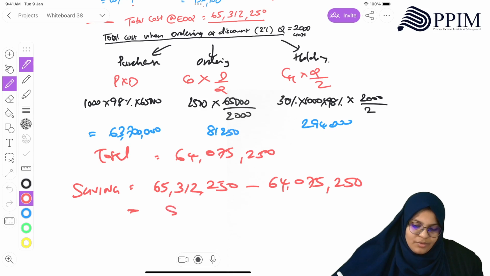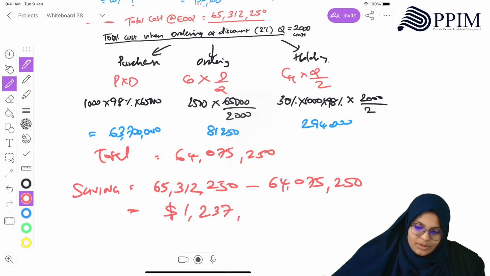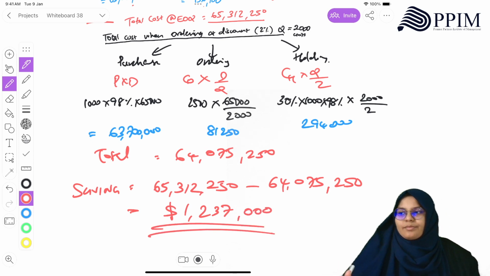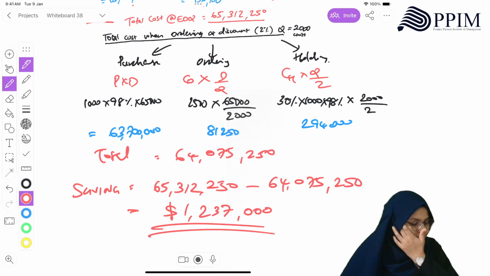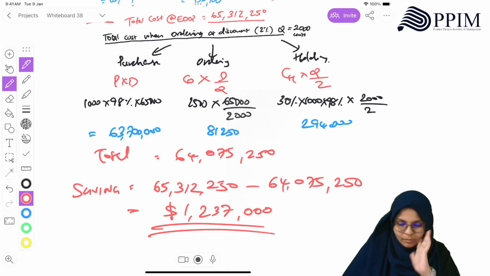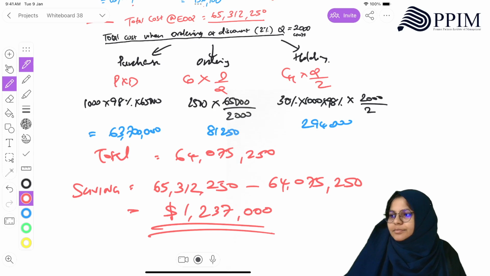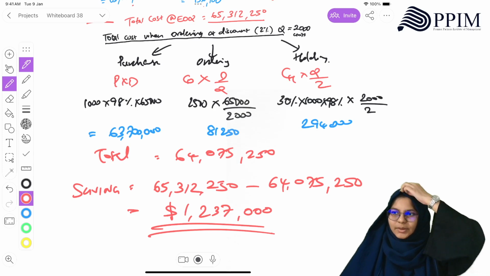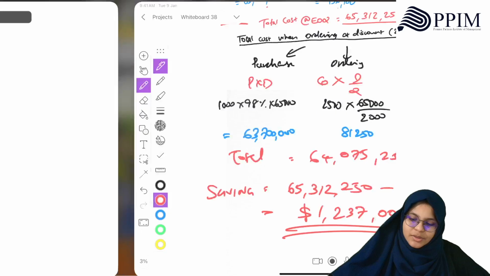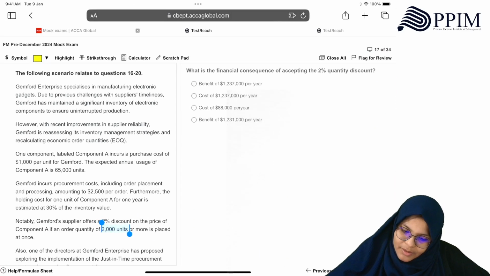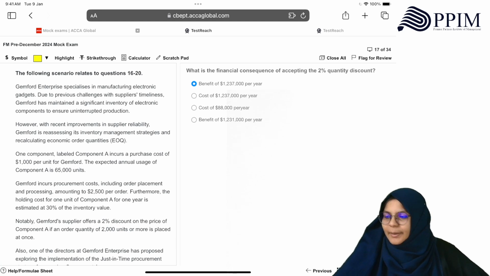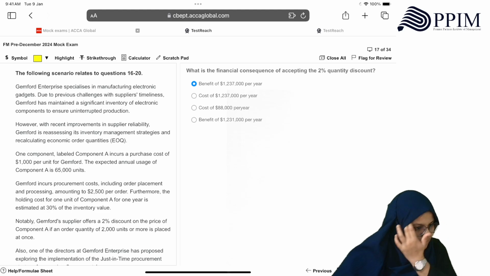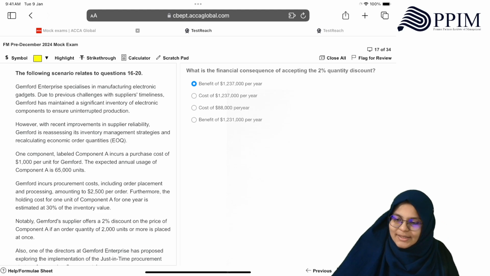So a savings of $1,237,000. Okay, so you will have to check here a benefit of 1,237,000 per year. Okay, right, so that is this.